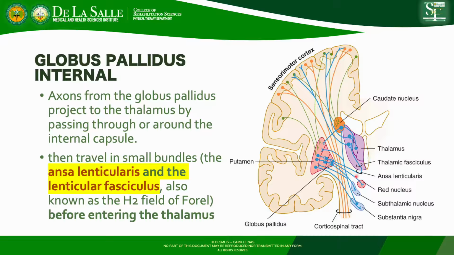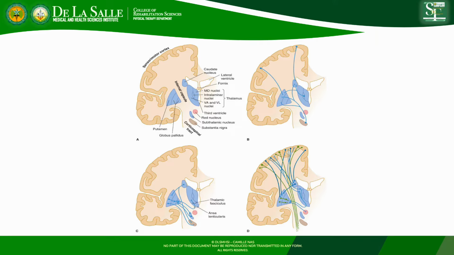And then we also have the lenticular fasciculus, which you can't see here, another structure that is a collection of the projection of axons of the globus pallidus internal to the thalamus. So here's another picture showing us a different nucleus in the basal nuclei.